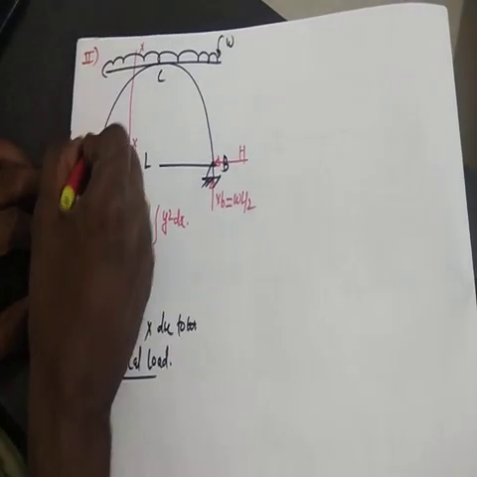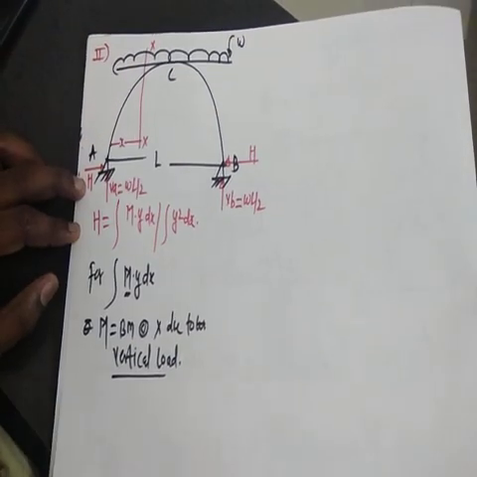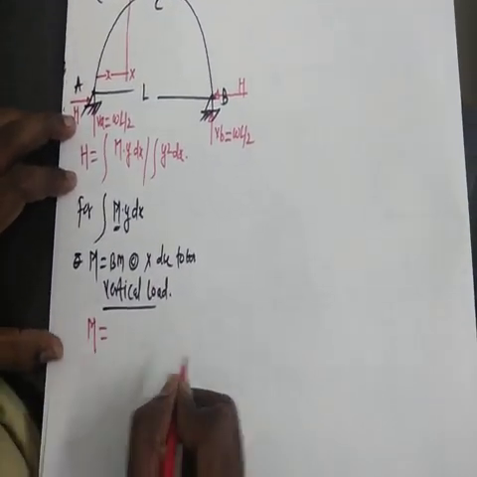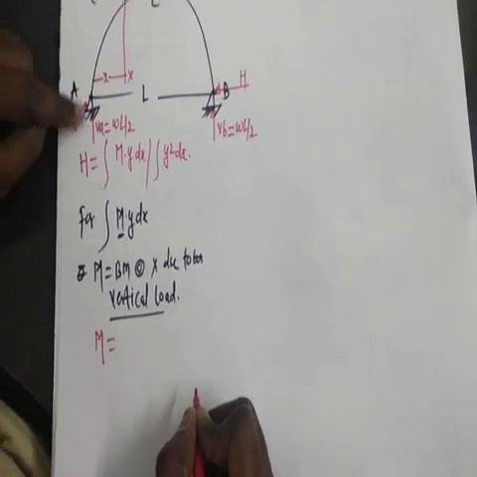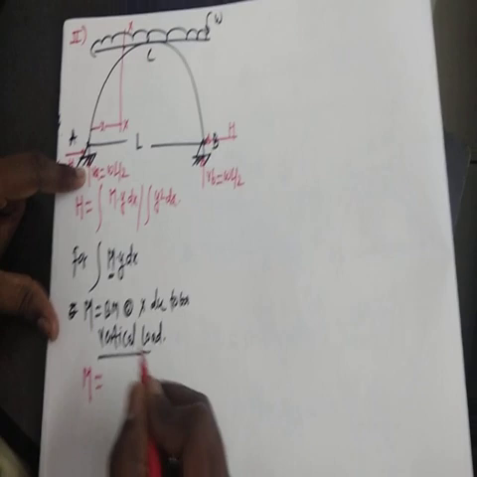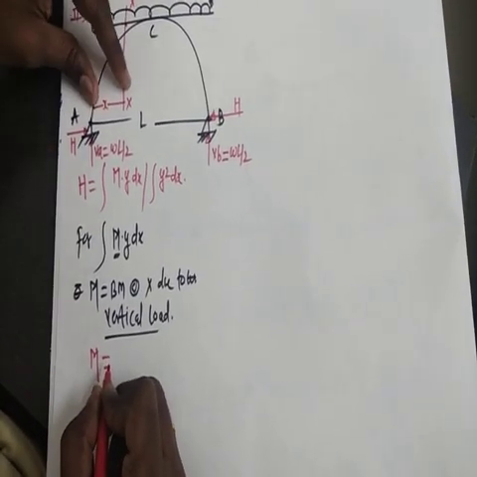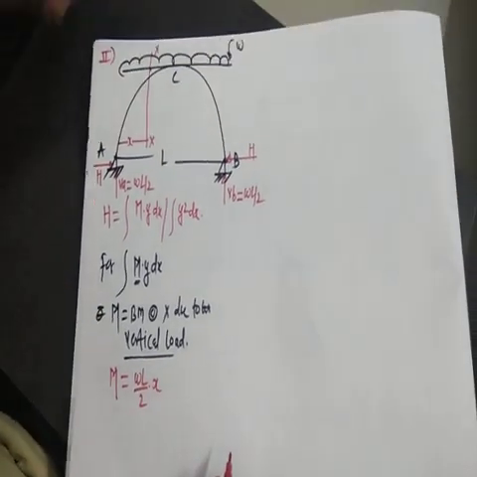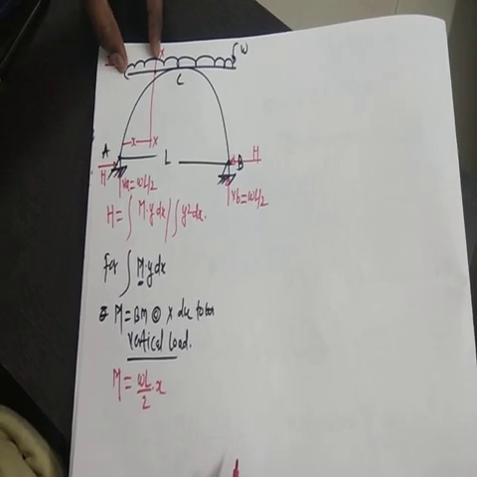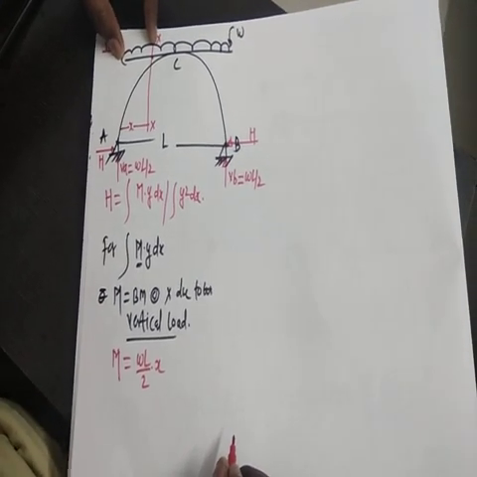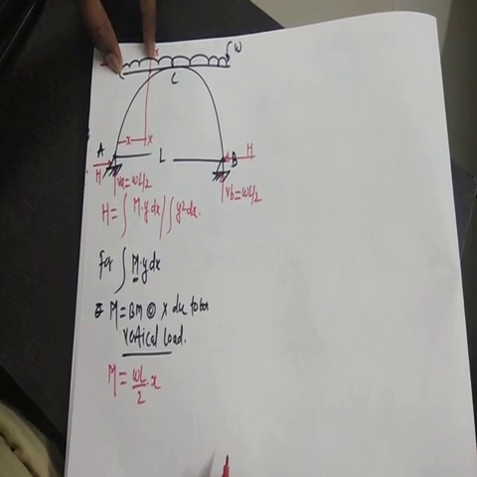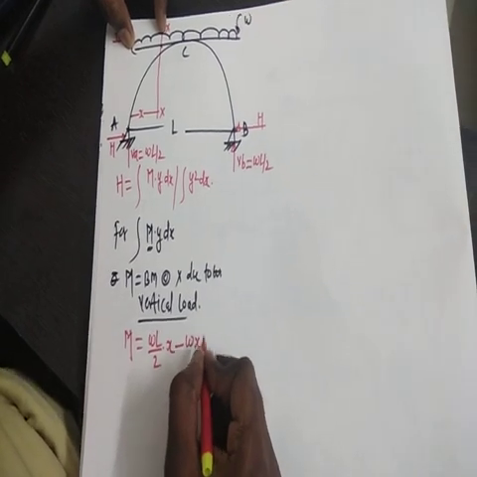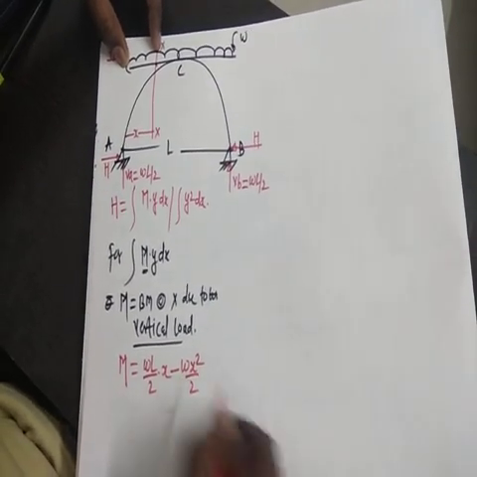At that section X, the origin will be the left support A, and at this particular point we have to write down the bending moment equation. There are two vertical loads acting. One is the vertical reaction at A, whose moment will be clockwise, so VA into X, and VA is WL by 2, so WL by 2 into X. The second moment is due to the UDL, which we consider only for the span X up to the section, and that moment will be anticlockwise, so minus Wx into X by 2, which becomes Wx square by 2.